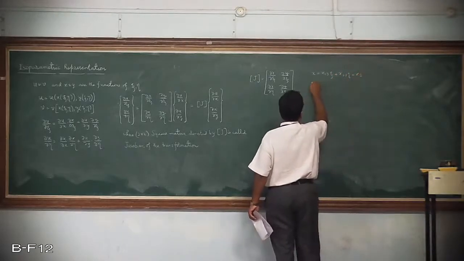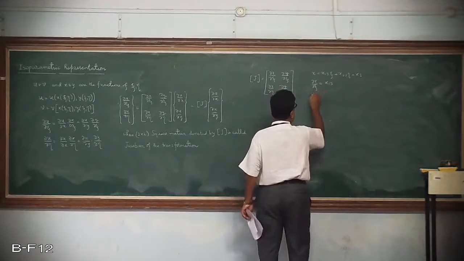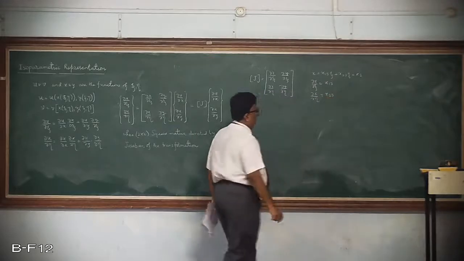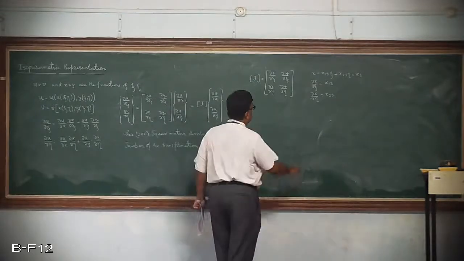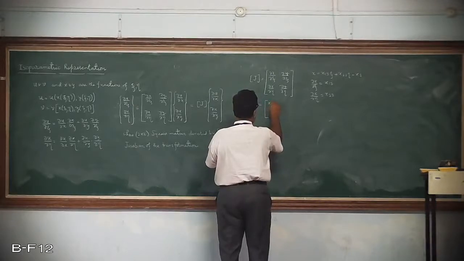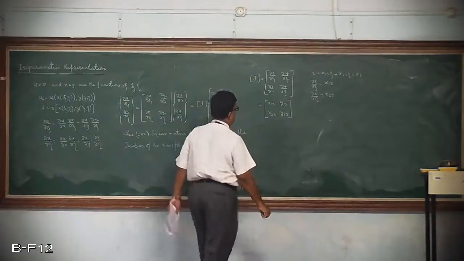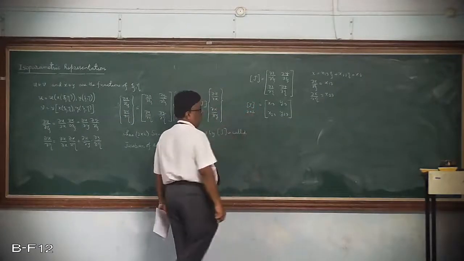So naturally, if I take dou x by dou eta, this is going to be x23 only. Similarly, dou x by dou zeta will be x13. In a similar fashion, if you derive it for y, you will get y23 and y13. So this can be written in terms of x13, y13, x23, y23. This is what we can write for the Jacobian of transformation. This is a 2 by 2 matrix.